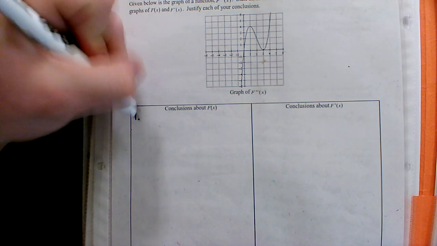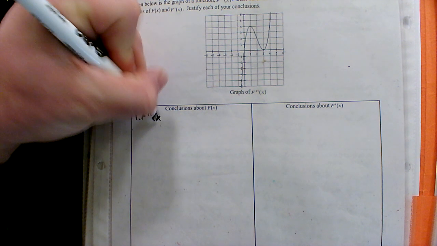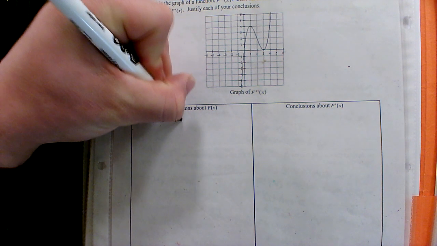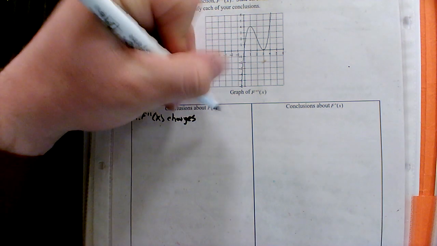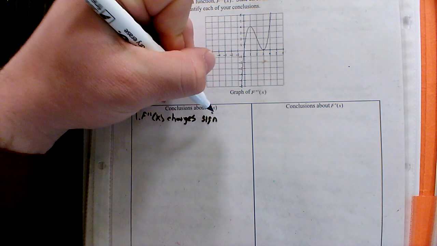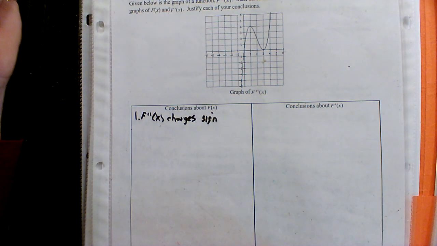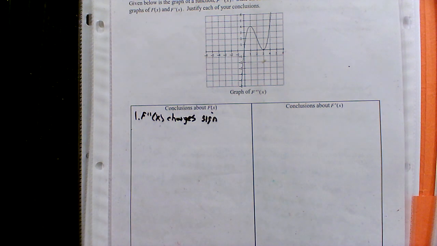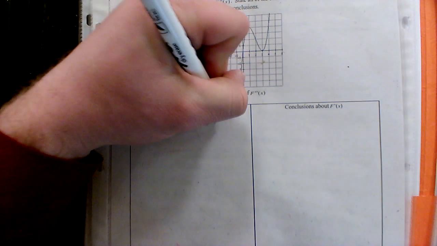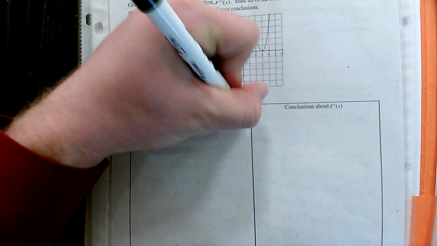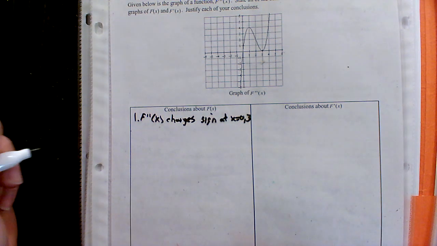All right, so first, the second derivative, f double prime of x, changes sign at x equals 0 and x equals 3.